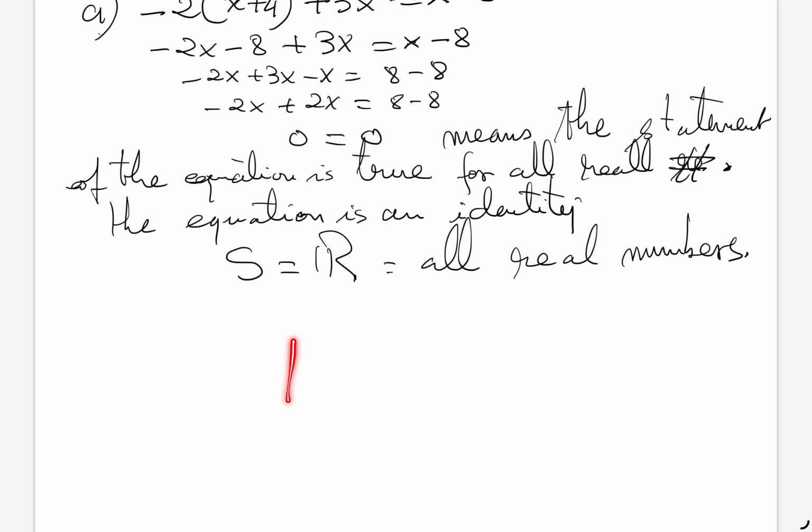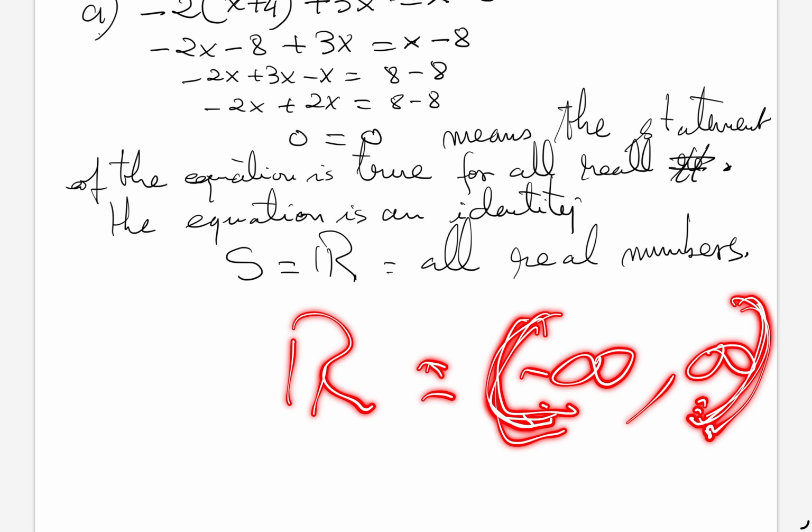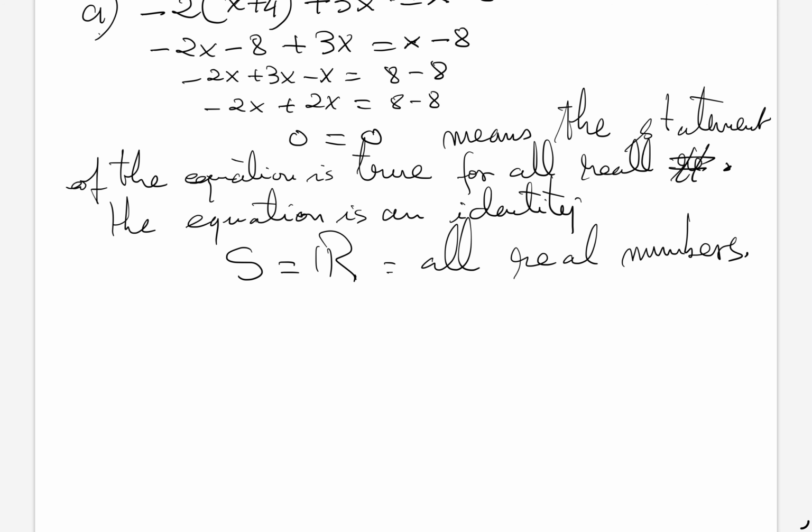Or you can also write negative infinity to positive infinity, and make sure it's excluded. It's parentheses. Make sure the parentheses mean exclude. Don't put the bracket. Bracket means include. The parentheses mean exclude. So when you deal with all real numbers, the endpoints are both excluded.